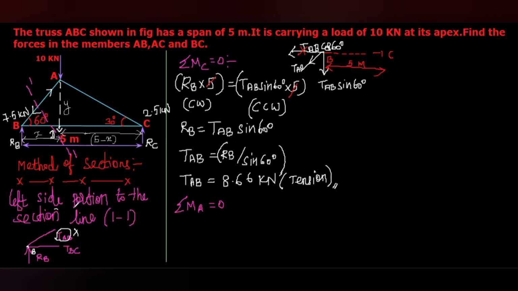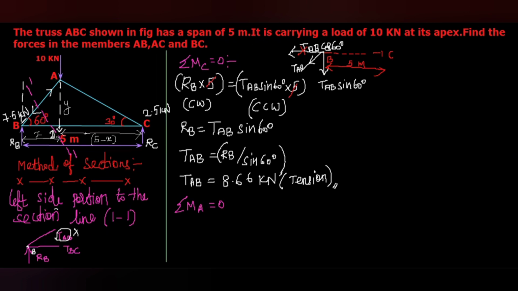So when you take moment about the joint A, we have to consider only these two forces, the upward force RB and then TBC. Here you can see this force RB is acting exactly vertical. Do you understand?